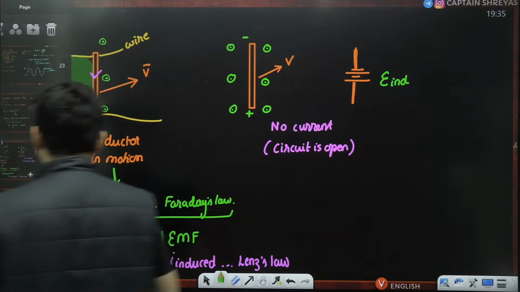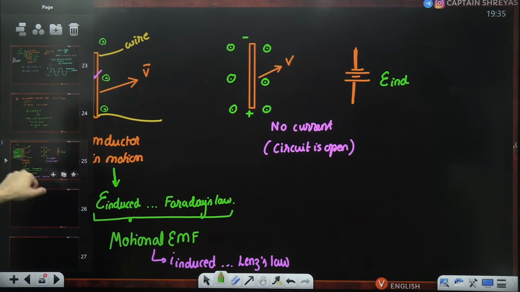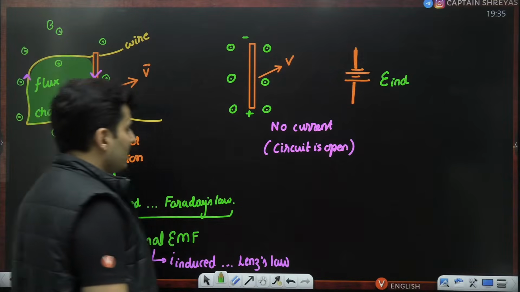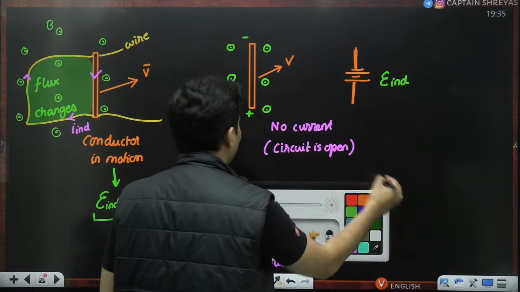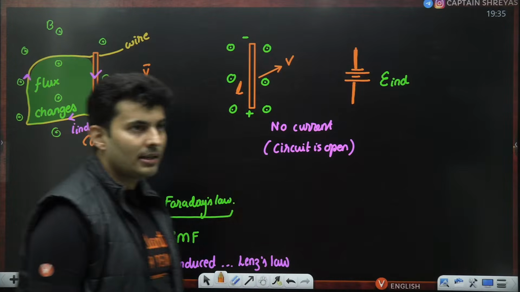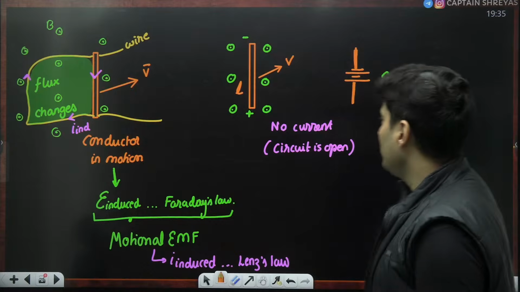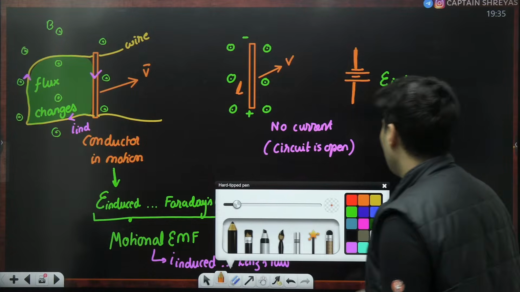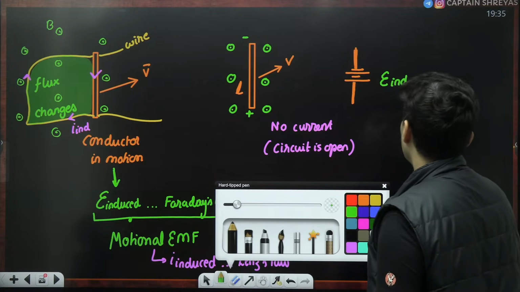Yep, correct. Okay, so what is the value of this induced EMF, you might ask? Well, if the length of the conductor is taken L, then the value of this induced EMF is given by this formula.